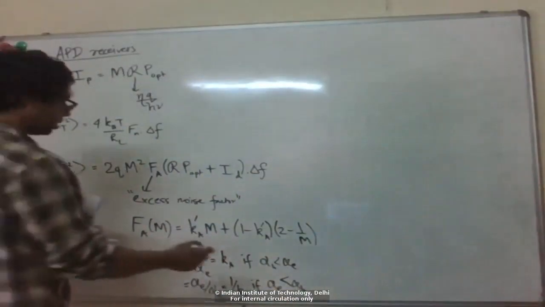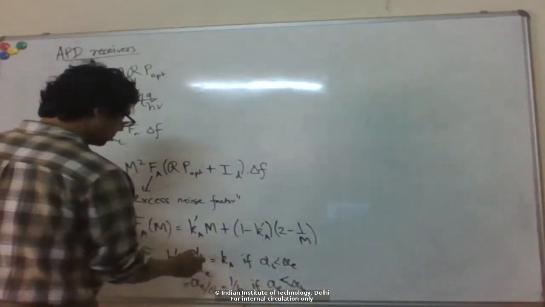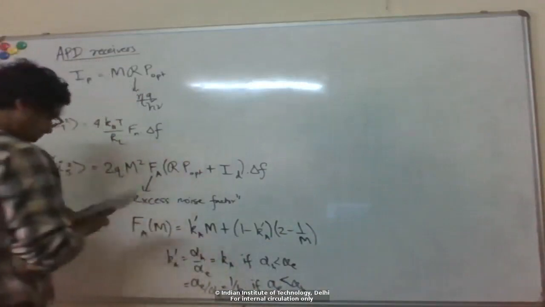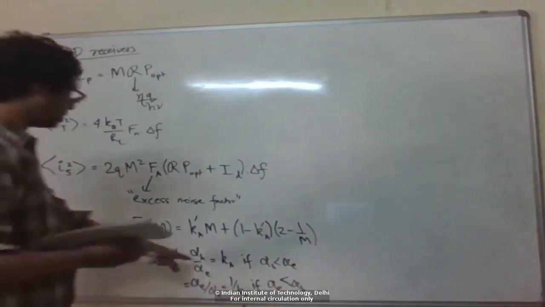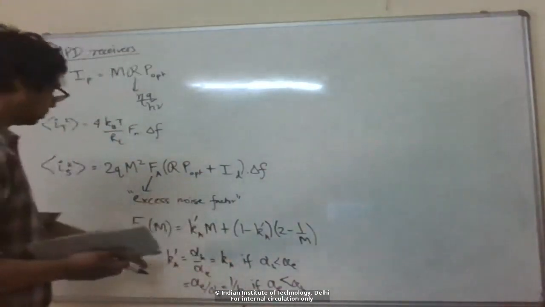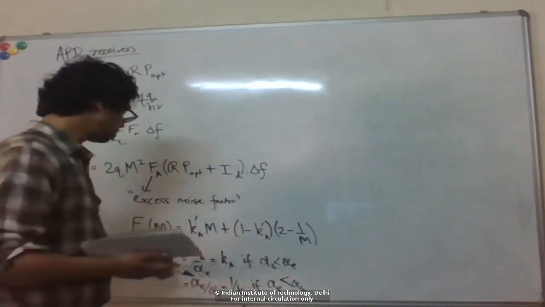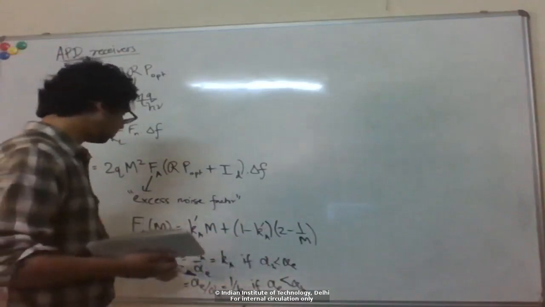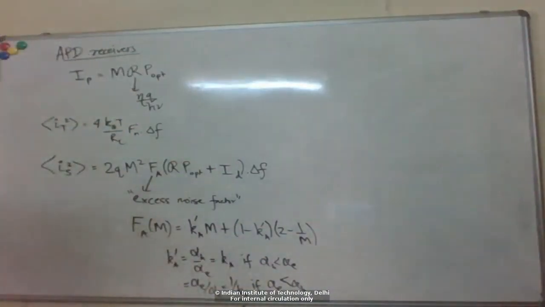We typically saw that typical detectors, especially for telecom, work with alpha_e more than alpha_h, or K_A less than 1, so we use the top row.